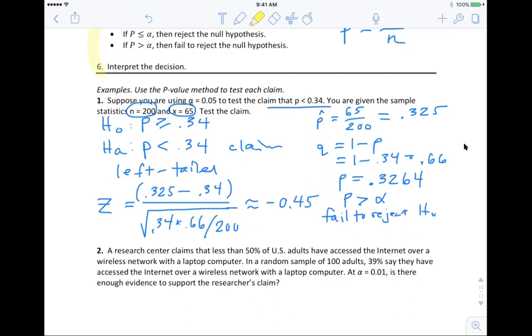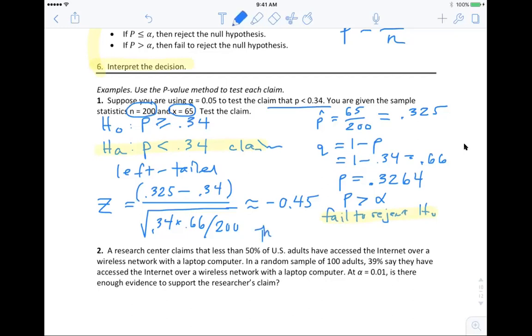If I now try to make my final conclusion, the interpret decision, I have failed to reject H sub 0 linked with HA is the claim. So you can go back and look at your conclusion. It's back on page 2 of this handout. You can look it up and then you just write the sentence.